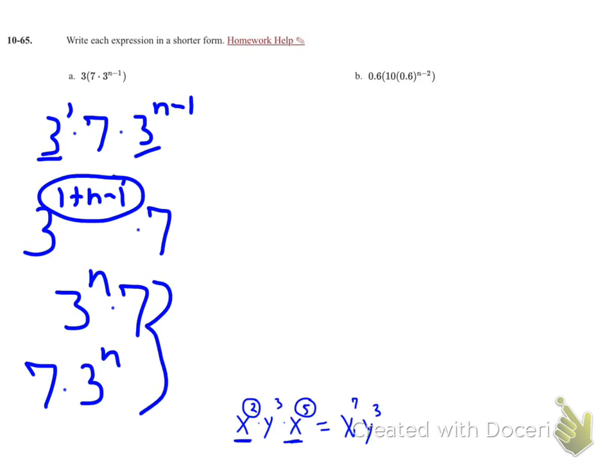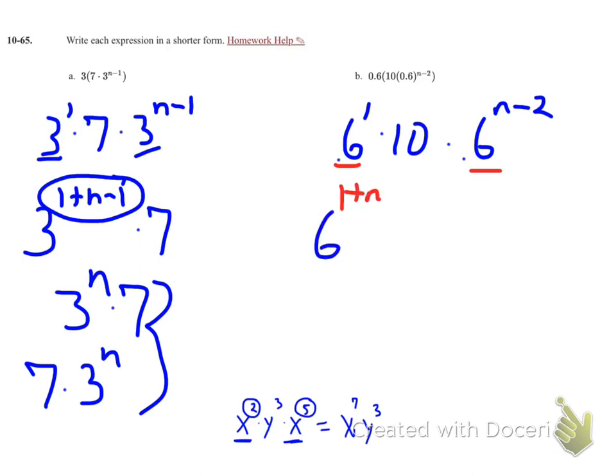So problem B, we're going to do very similarly. I have a 0.6, that is a 0.6 to the first, times 10 times 0.6 to the n minus 2. So I'm going to add my same bases, add their exponents, so I get 0.6 to the 1 plus n minus 2 times 10.